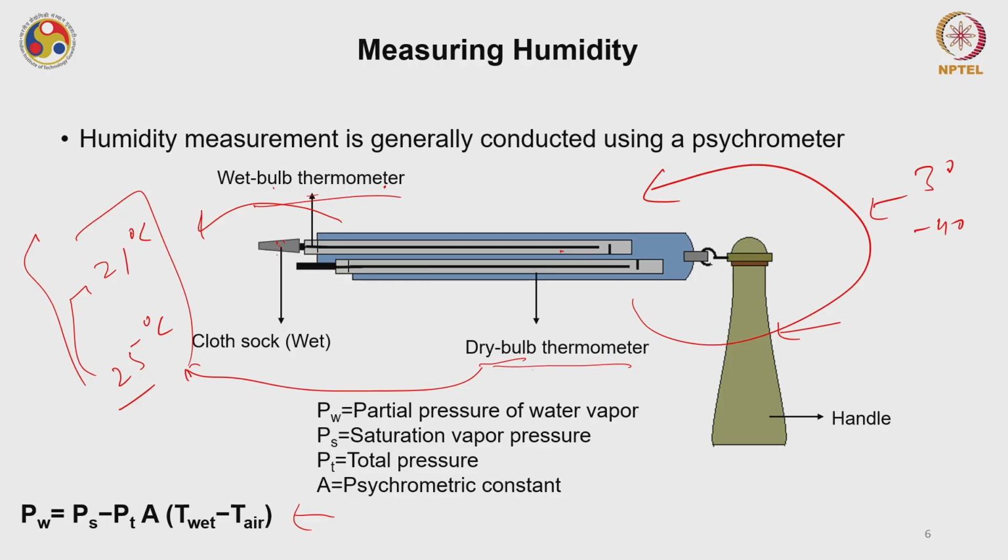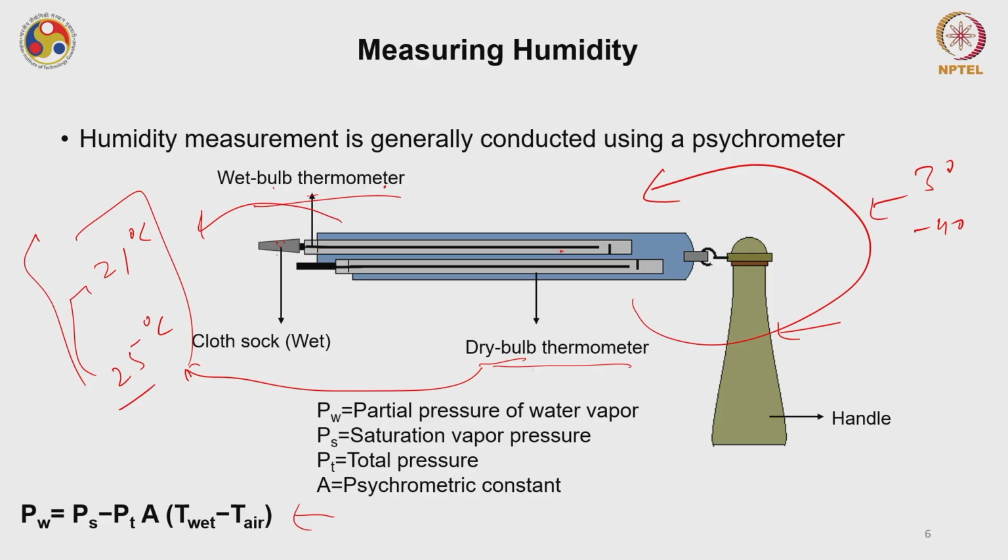Usually the psychrometers come with a psychrometer chart. In that chart you will find that for a difference in temperature there will be a humidity shown. This chart is based on this particular equation, where PW is equal to PS minus PT into A into (T wet minus T air).